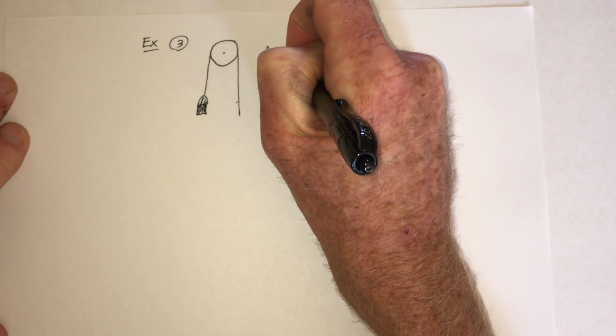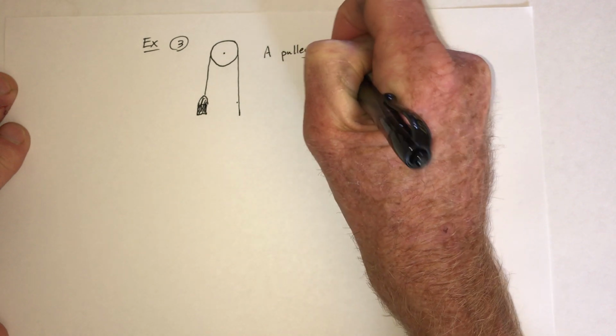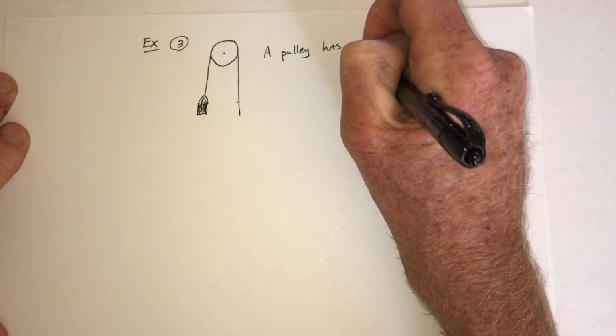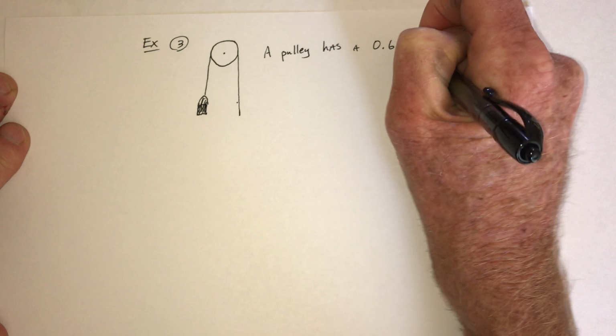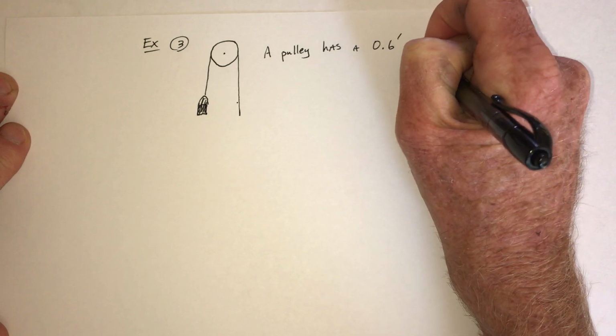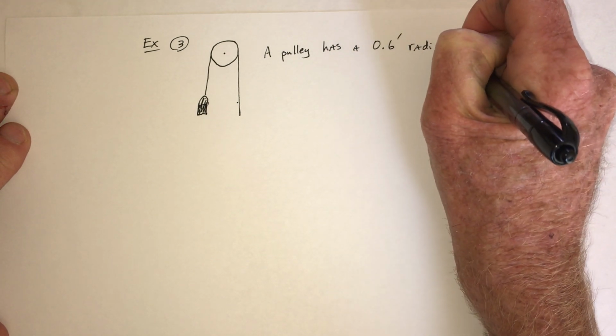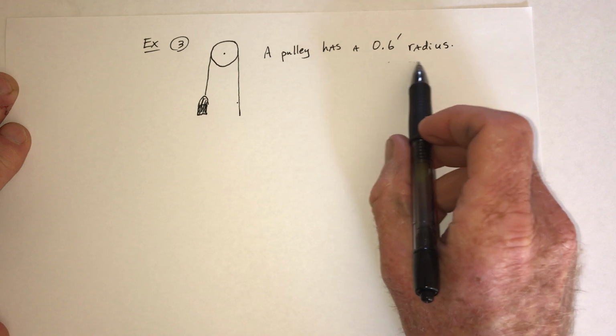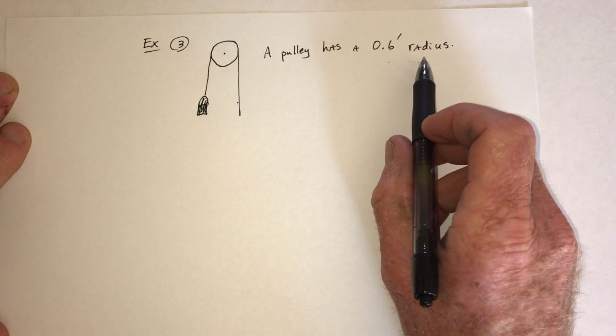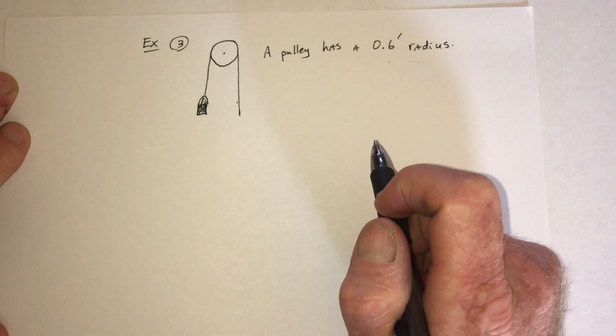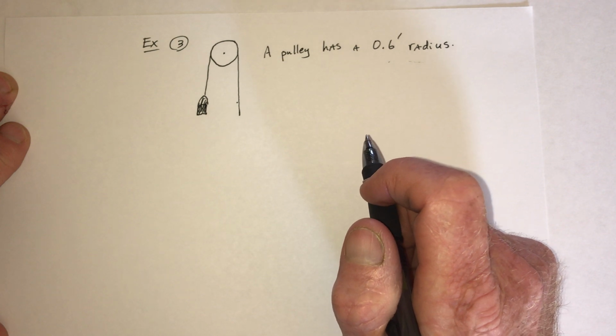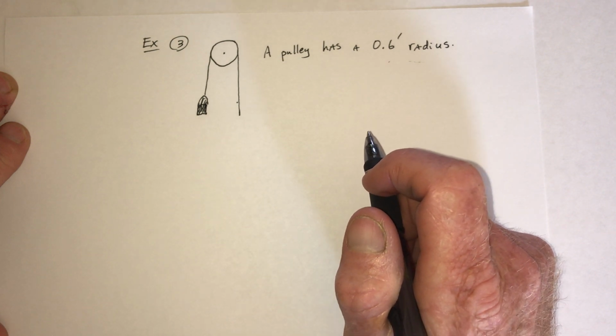So the pulley has a 0.6 foot radius. So when you work on these problems, always make sure if you're not given radius, if you're given diameter, you would have to cut it in half. But in here, that is radius.